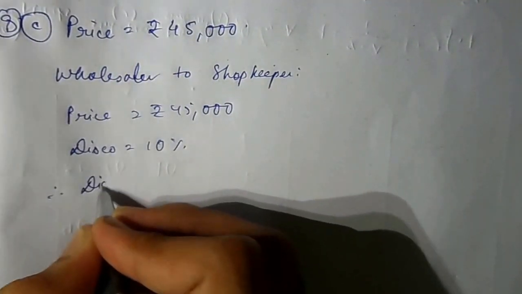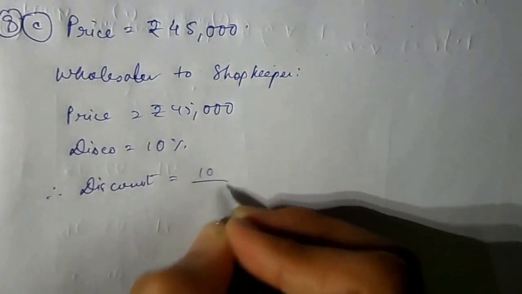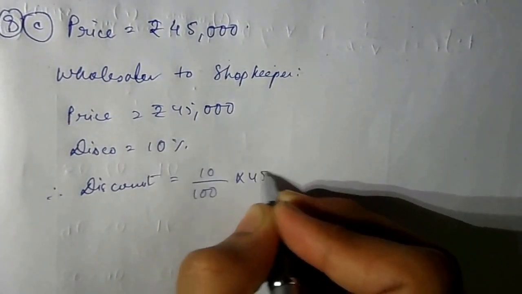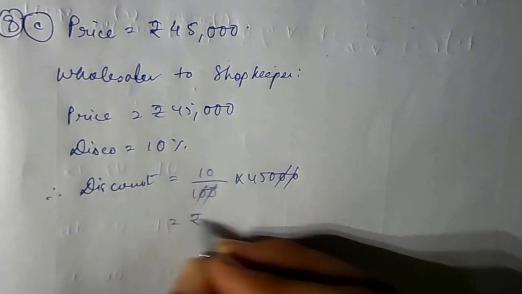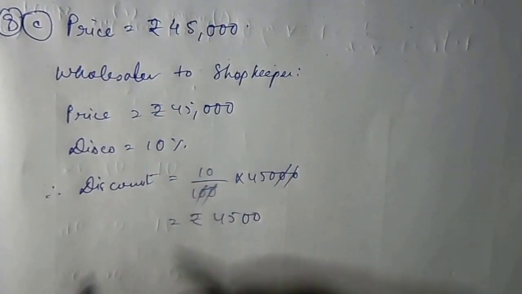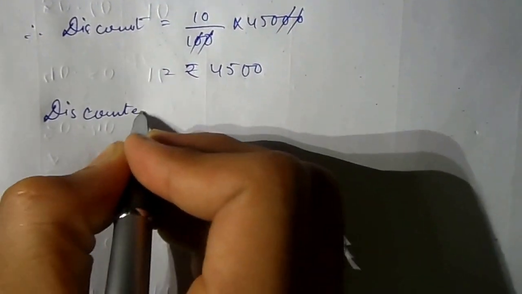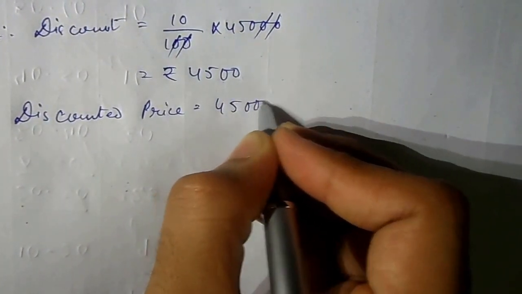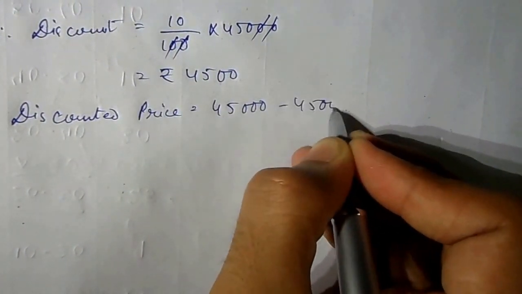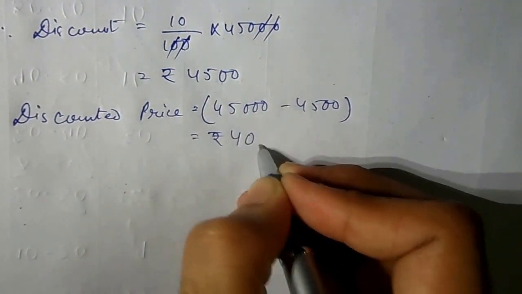Therefore discount equals 10 by 100 into 45,000, that is equal to rupees 4,500. Discounted price equals 45,000 minus 4,500, which is equal to rupees 40,500, I guess.